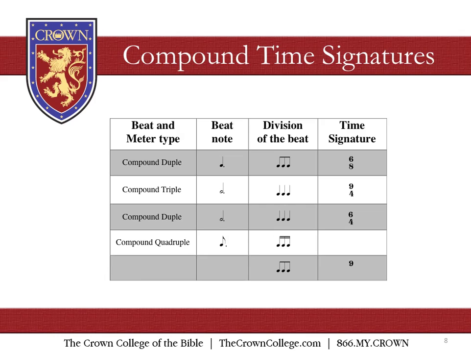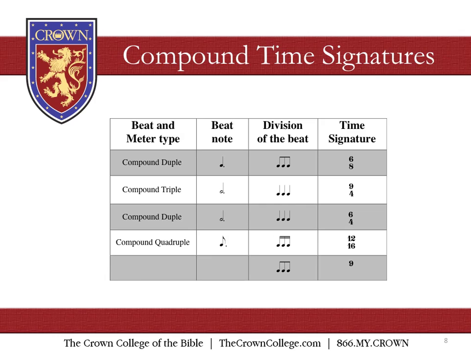Well, we're asked to give you a compound quadruple time signature. Quadruple is represented by the number 4, but remember, I can't just put 4 on the top of my time signature because it's not divisible by 3, and we need a compound time signature. So what is 4 times 3? The answer is 12. The bottom number is 16 because that's the division of our beat, a 16th note.